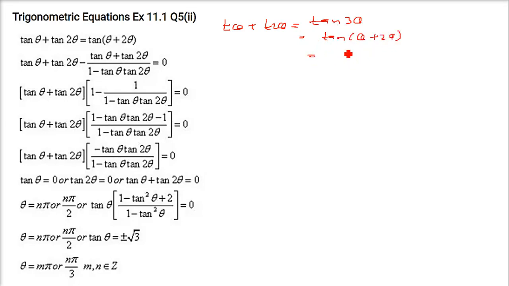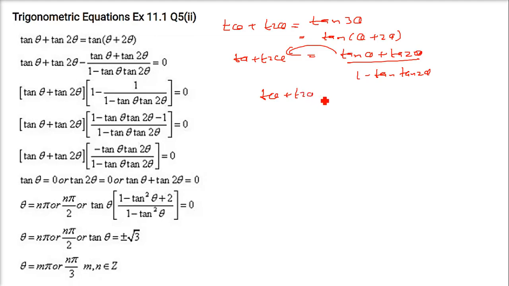So this formula is tan theta plus tan 2 theta by 1 minus tan theta tan 2 theta. Okay. Now bring it here. This will be tan theta plus tan 2 theta minus tan theta plus tan 2 theta by 1 minus tan theta tan 2 theta.